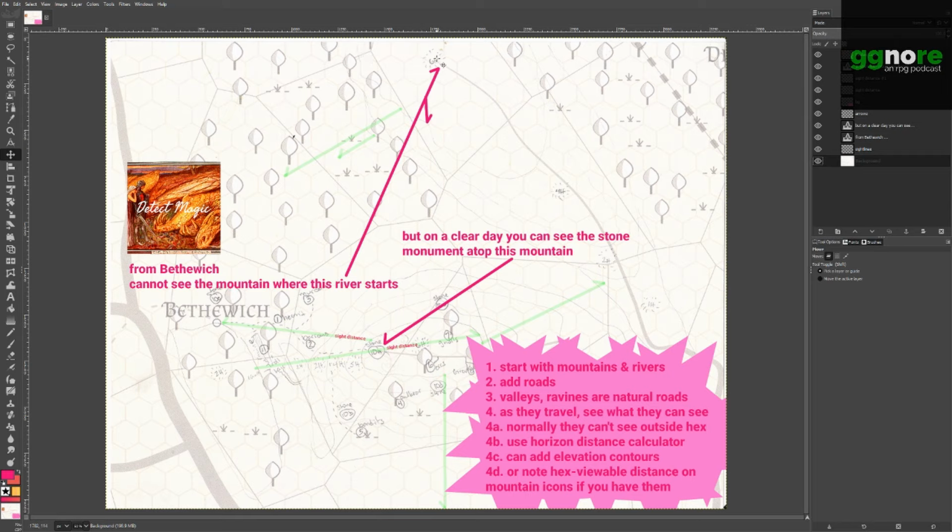So I know that everything on the interior of this topmost or innermost contour line is going to be 1,000 feet, I think it was, or 6 hexes visible away. And then below that is 4 hexes, and then below that's 2 hexes, below that's 1 hex. The gradations are arbitrary.